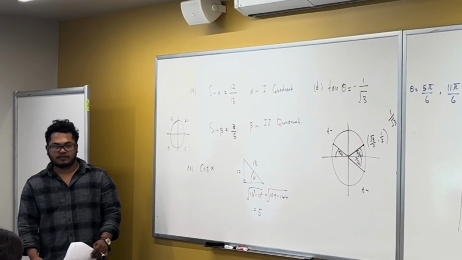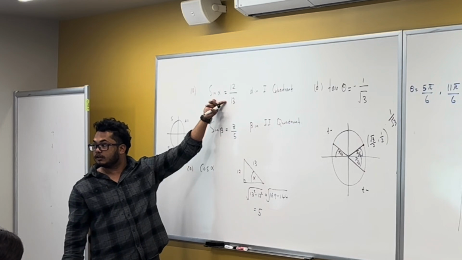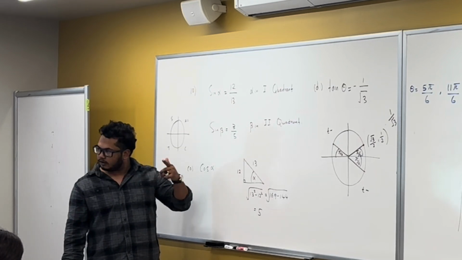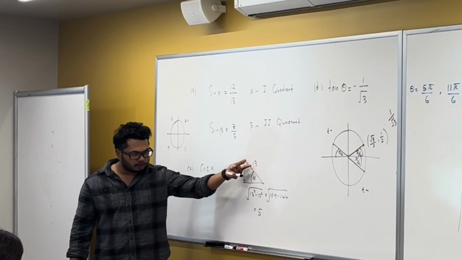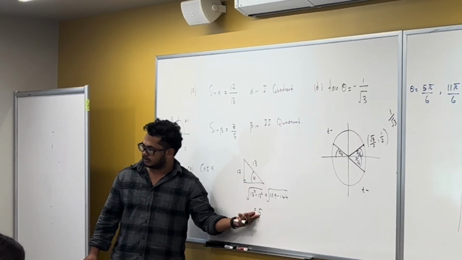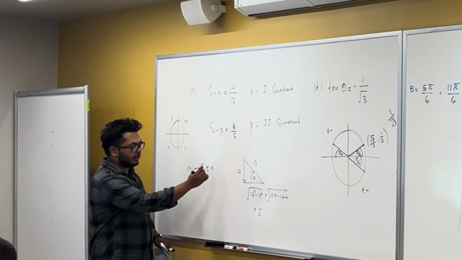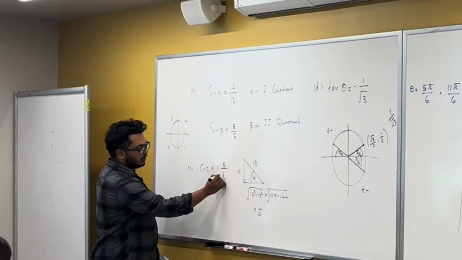I feel like you lost. So let me see. Sin alpha, good, right? Sin alpha given in the question. Good. Okay. And I use that opposite over hypotenuse, and I use those two numbers to get my adjacent. Once I get the adjacent, I'm done. Because cosine is adjacent over hypotenuse.